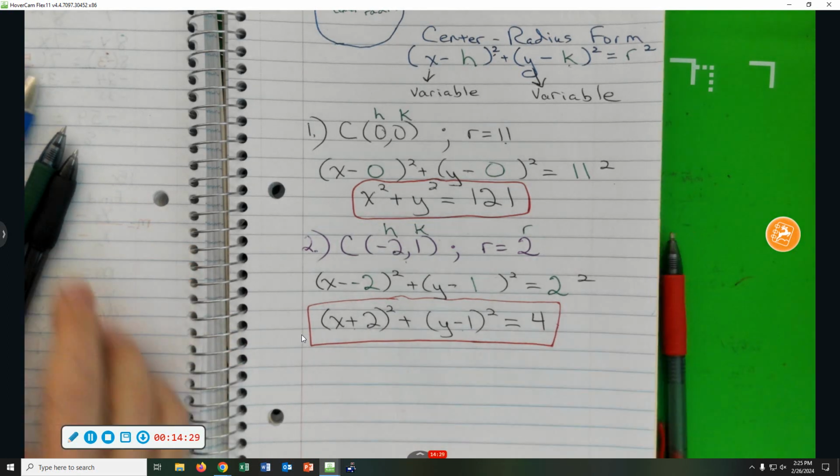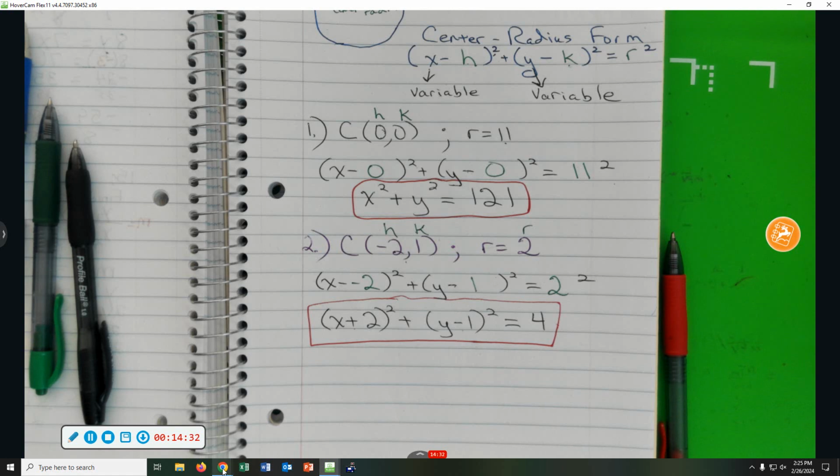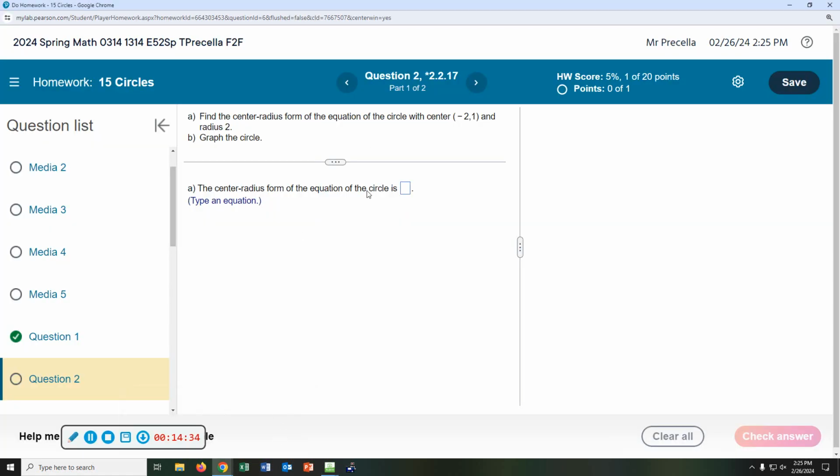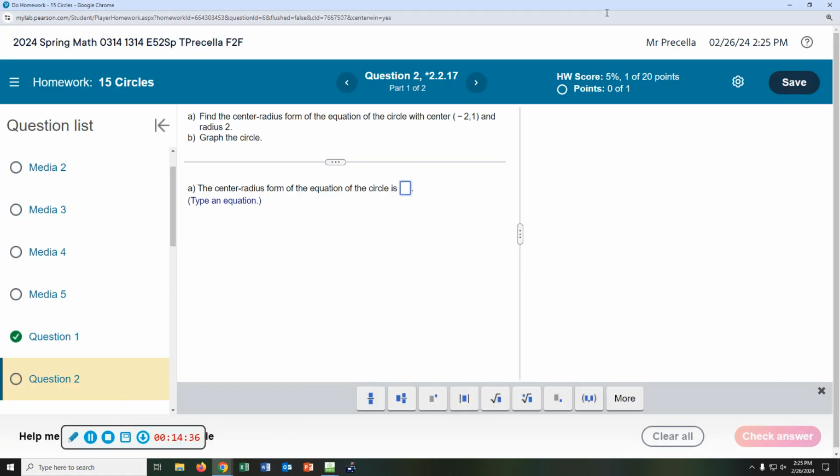But at this point, all we have to do is type in that answer. We need a parenthesis, so just use the parenthesis from your keyboard. X plus 2, right parenthesis, then your superscript square.